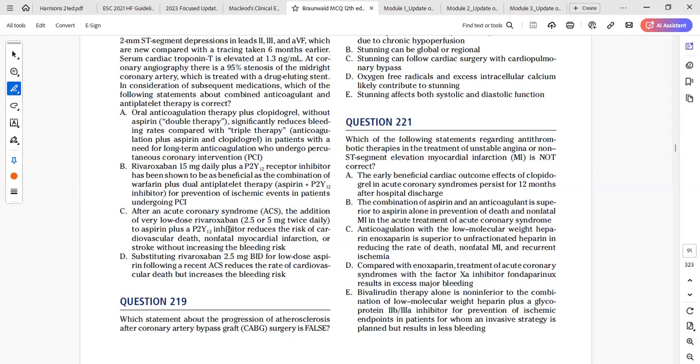Putting both the benefits and the risk of bleeding together, what combination will be best for him? Okay, rivaroxaban and clopidogrel, no aspirin. Okay, all right, thank you.